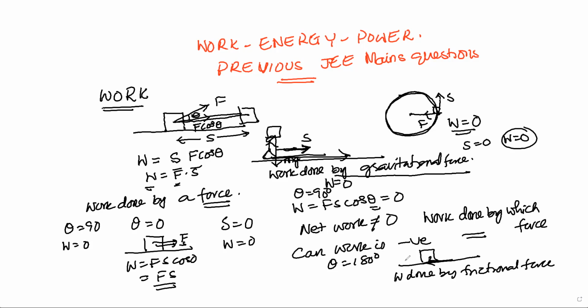This is the direction of the frictional force when the body is moving along this direction. In this case, theta is 180, so work done equals minus Fs, because cos 180 is minus 1. That is, work may be positive, work may be negative, work may be 0. And a very important thing, in one case you get work may be positive and work may be negative.